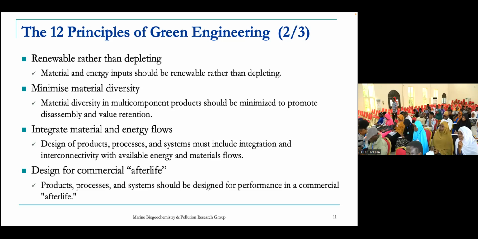We know that renewable materials are those that can be replenished naturally or through sustainable practices. Similarly, renewable energy sources are those that can be replenished naturally or through sustainable practices such as solar, wind, and hydropower. In contrast, depleting materials or energy sources are those that are finite and will eventually run out, such as fossil fuels like oil and coal.